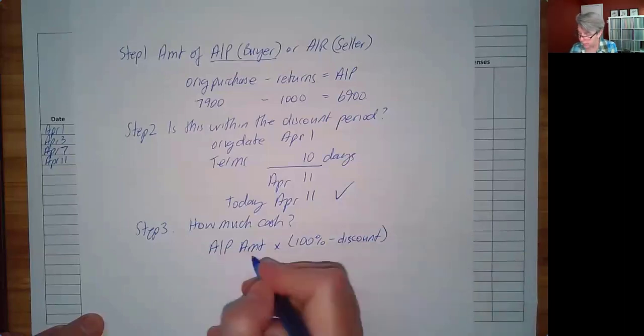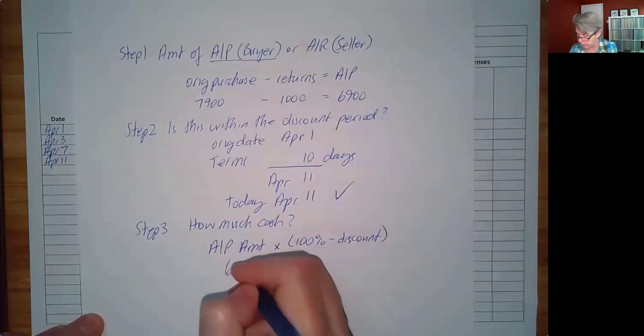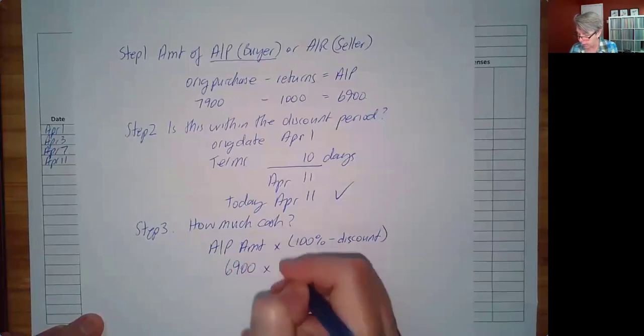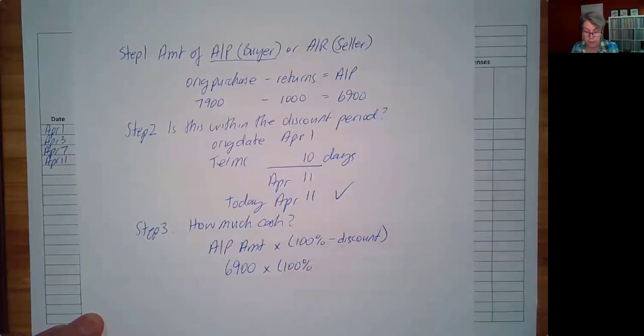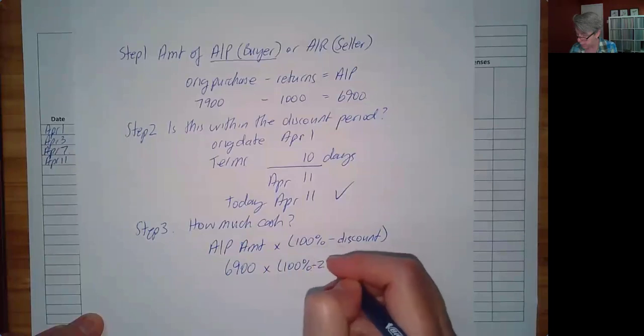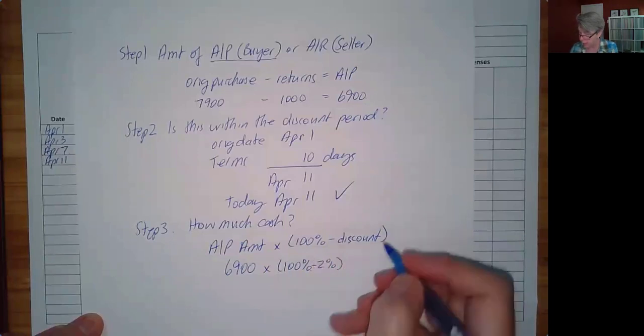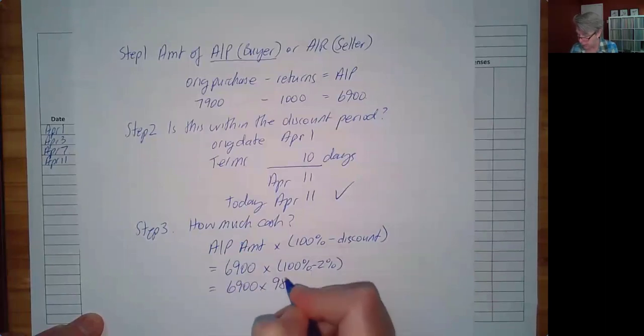So in this case, the AP amount, which is from 1, $6,900, multiply it by 100% minus the discount. If you look at the question, it tells you the discount is 2%, minus 2%. That is going to be equal to 6,900 multiplied by 98%.